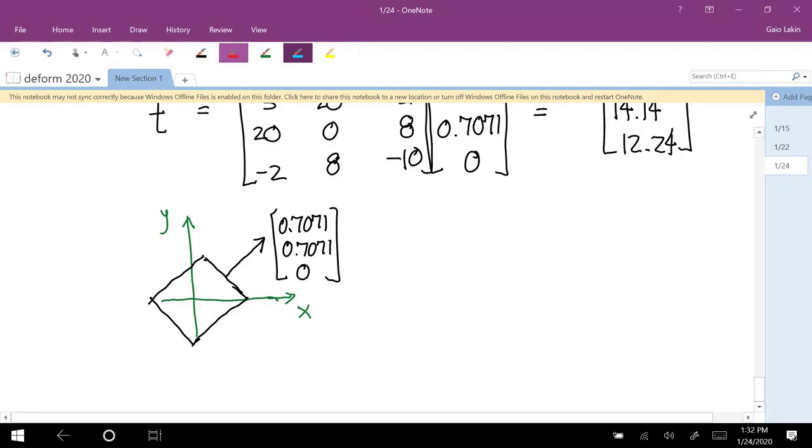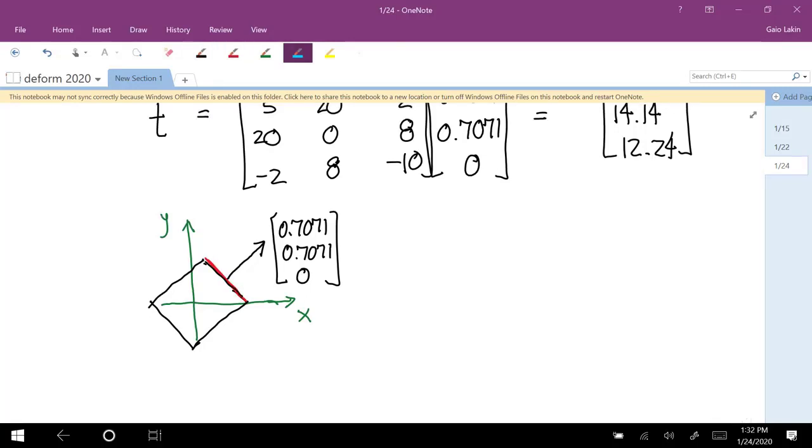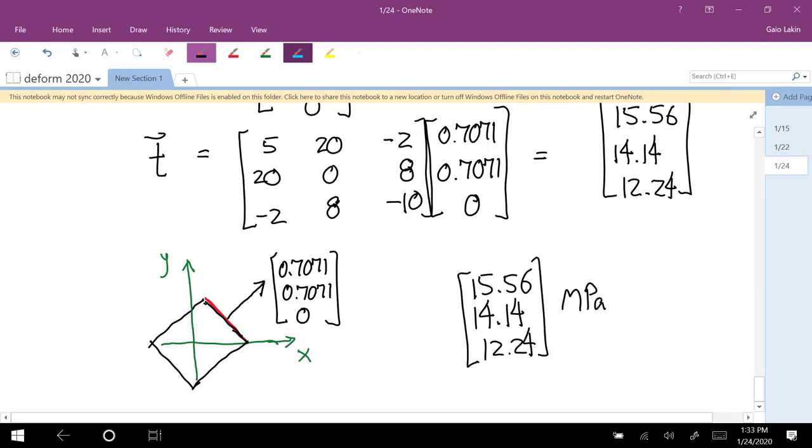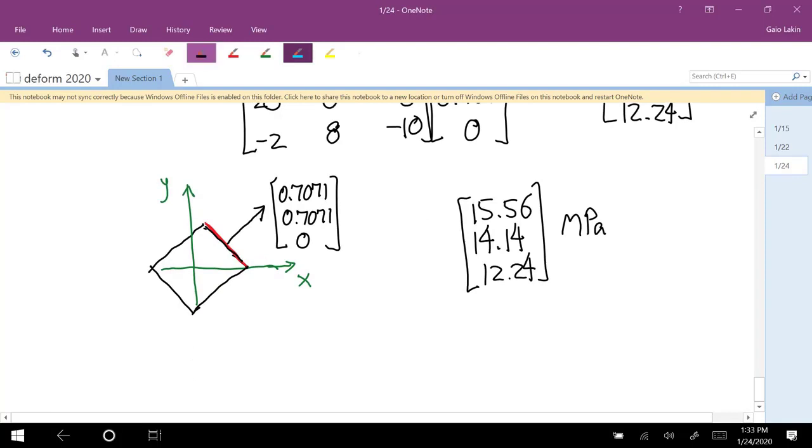Then if you think about this face, these values we got, 15.56, 14.14, 12.24 megapascals, would be the tractions acting on that face.